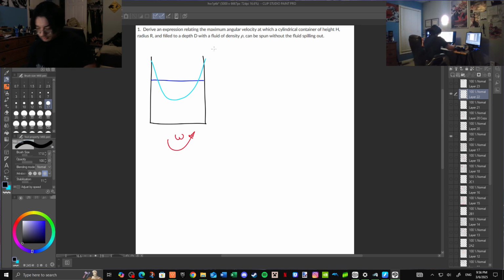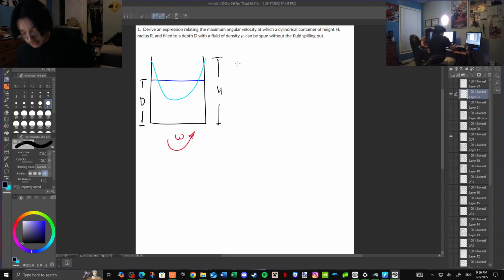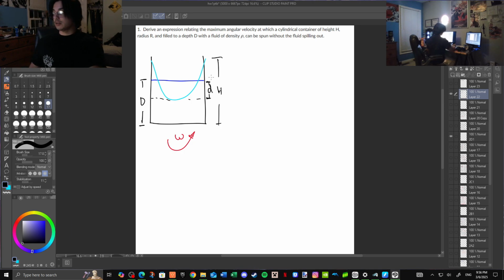So the height of the container in general is big H. The original depth of fluid is D, but as this container spins, it will create this concave shape, and this area right here will have a depth of little d, or a height of little d.